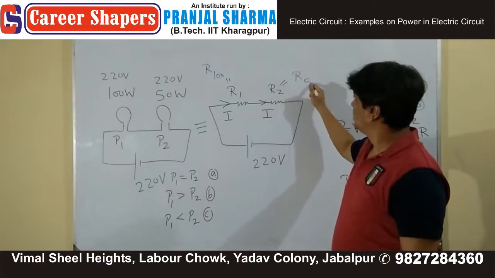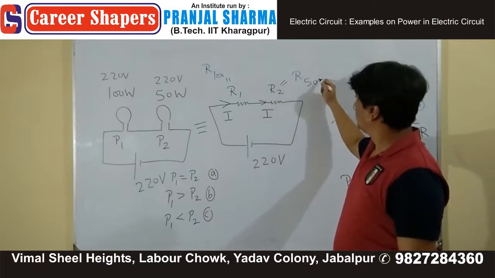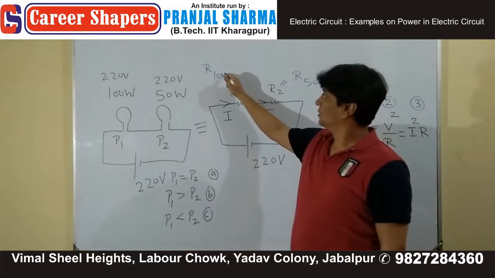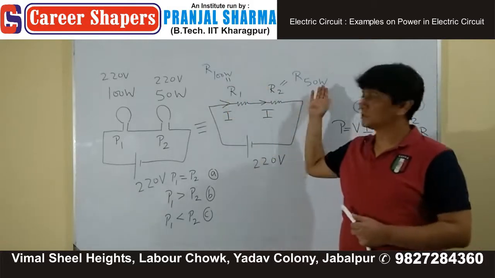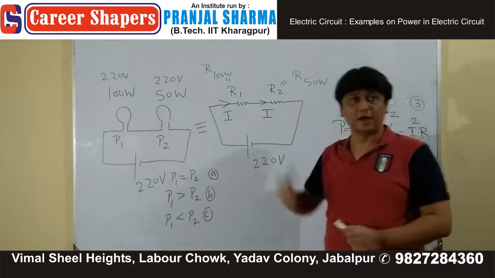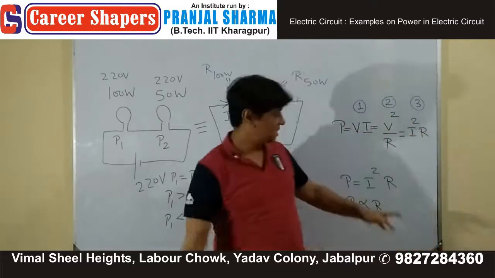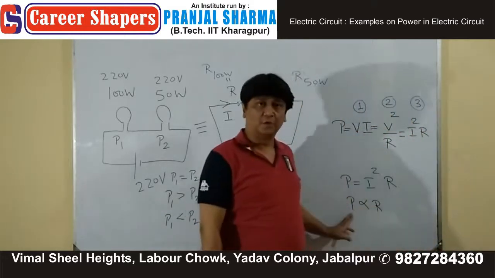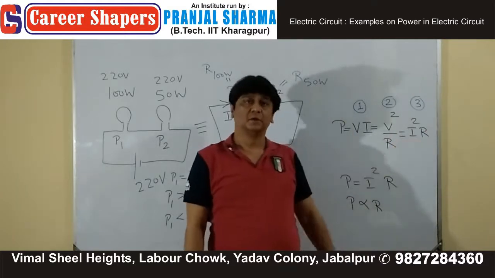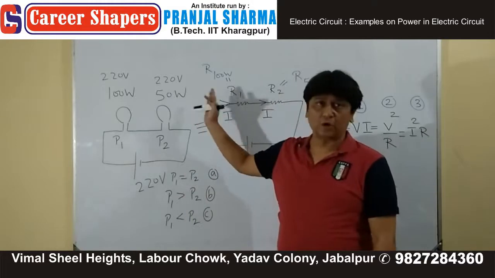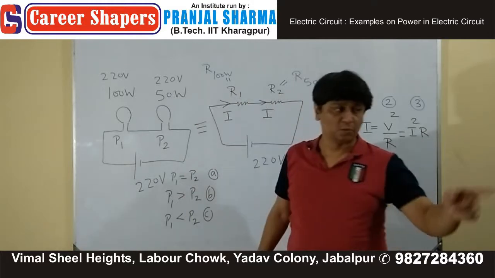Resistance of the 50 watt bulb. If you can find the resistance, the one which is offering larger resistance will give you more power, more brightness. Find out their resistance and answer the question now.